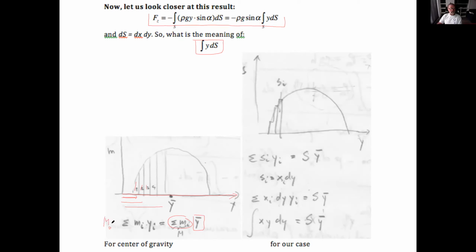That's what we do. And then it's equal to Y average. Of course, Y average is going to be sigma mi yi divided by sigma mi. And I'm not coming up with any new discovery here.